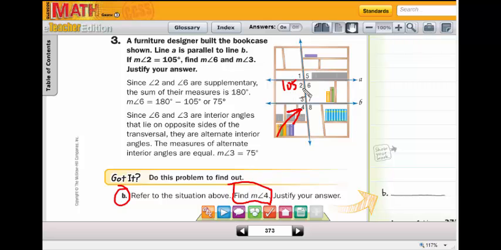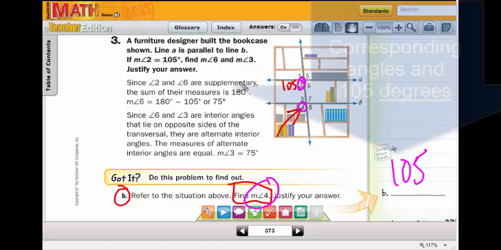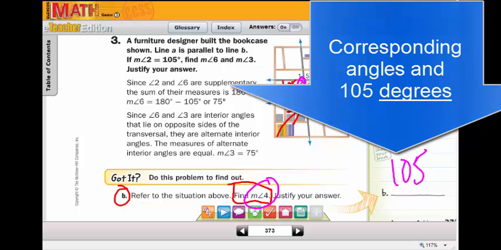Well, we can take a look at this and recognize that angles 2 and 4 are both on the left side of the transversal, and they're both beneath or below each individual parallel line, so that makes them corresponding. Therefore, the measure of angle 4 is 105 degrees, because angle 4 and angle 2 are the same, and angle 2 was given as 105 degrees.